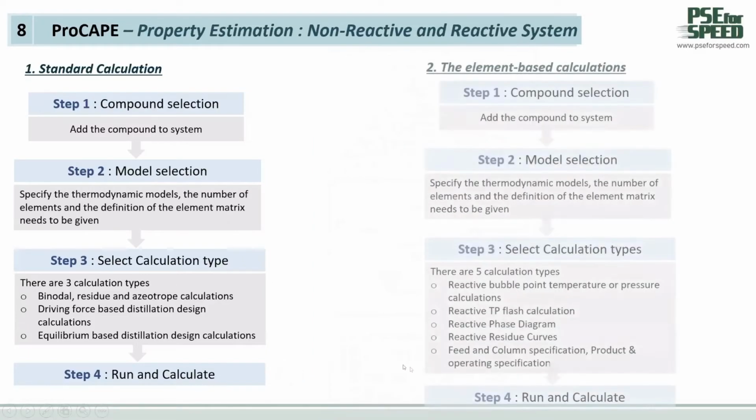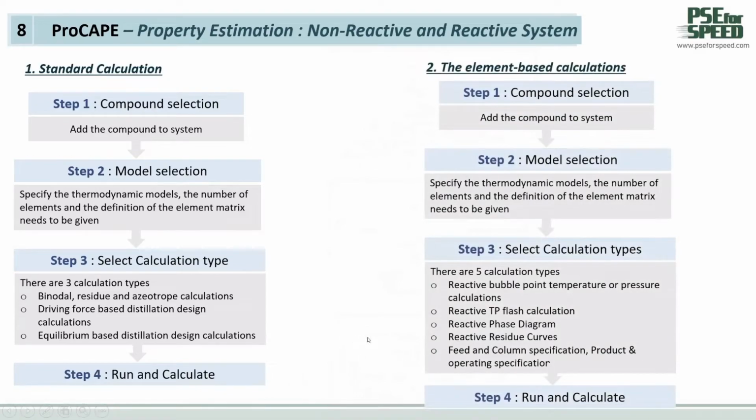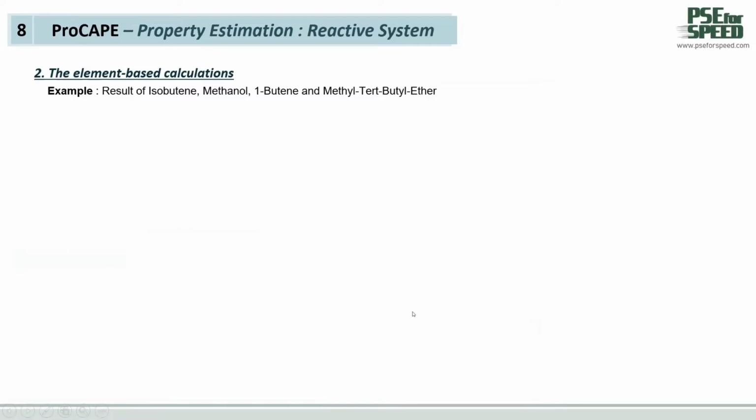As in the element space, the steps are almost the same, but the types of calculation can be more than that. And after clicking run and calculate, the result will be shown. This one gives you the result of isobutene, methanol, 1-butene, and methyl tert-butyl ether.